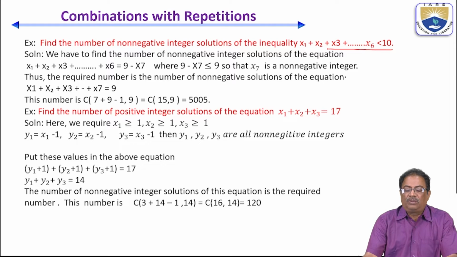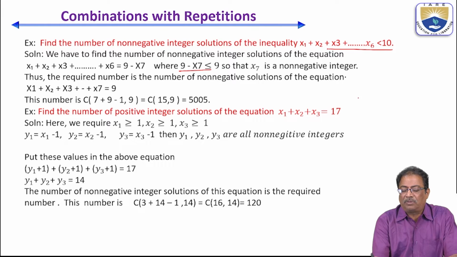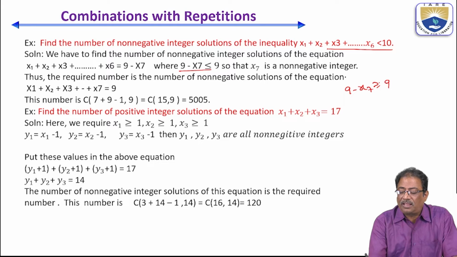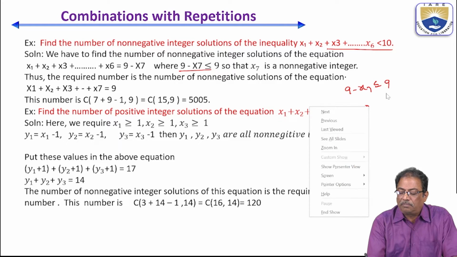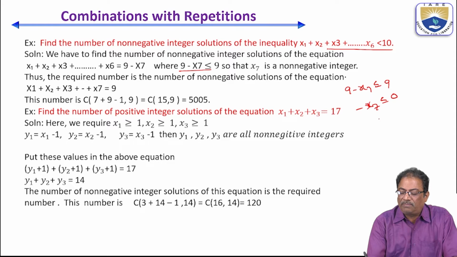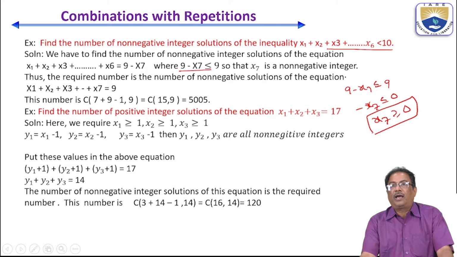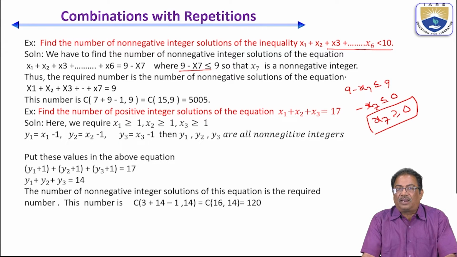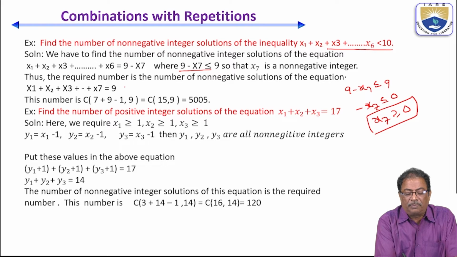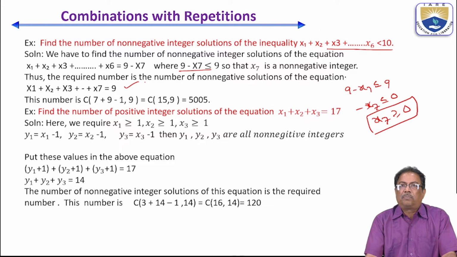That is 9 minus x7 is greater than or equal to 0, so minus x7 is less than or equal to 0. Multiplying by minus, x7 is greater than or equal to 0. That means the variable we add is a non-negative integer. So the equation becomes x1 plus x2 plus and so on plus x7 is equal to 9.